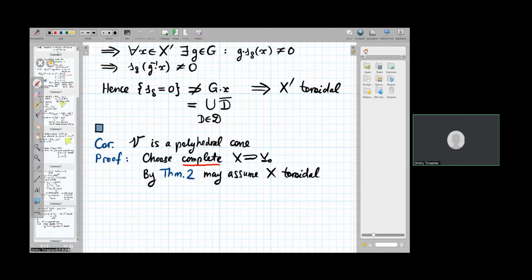Now, we have a completeness criterion. By the completeness criterion, we know that the valuation cone is covered by the cones corresponding to all G orbits in X. And since X is toroidal, we can even say that the valuation cone is equal to the union of all these cones.